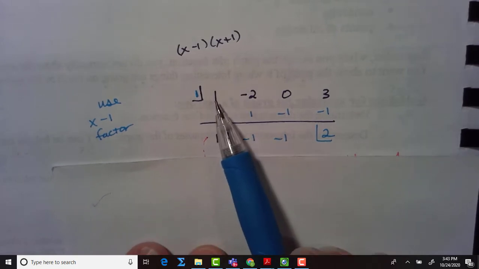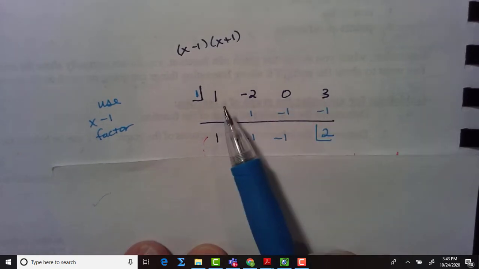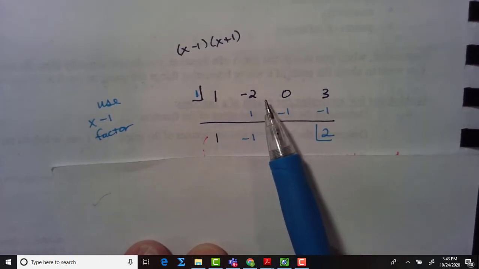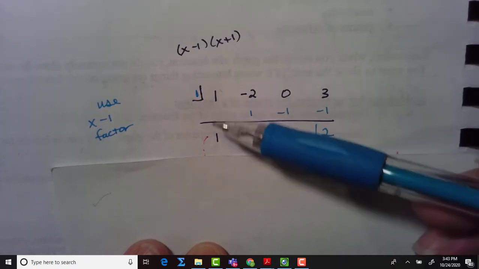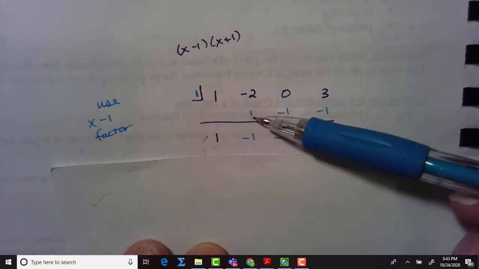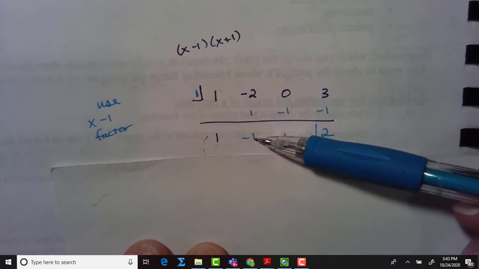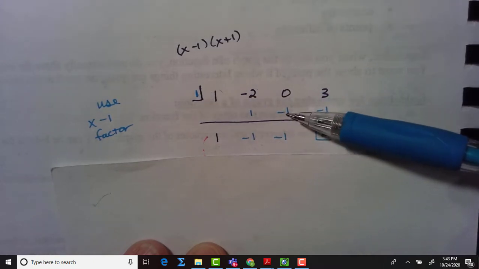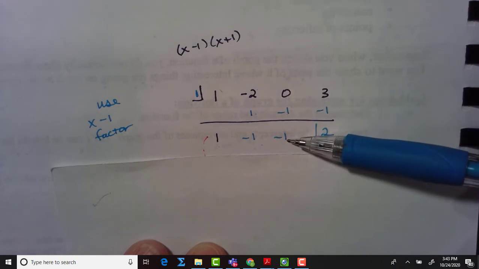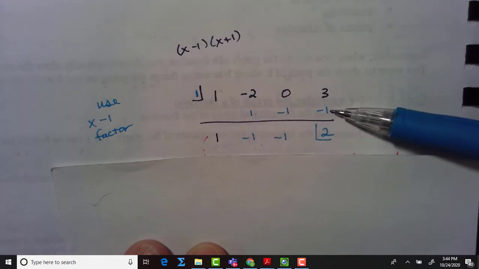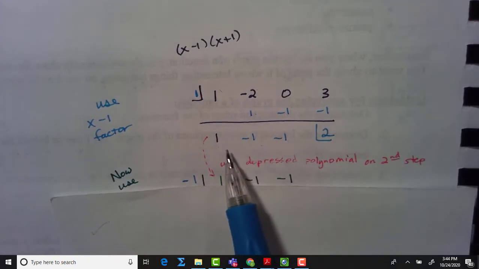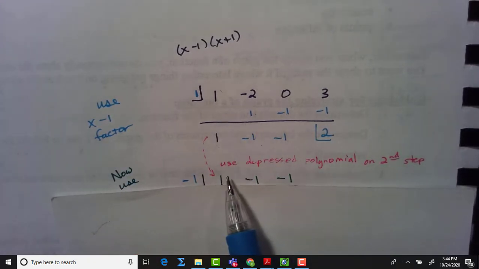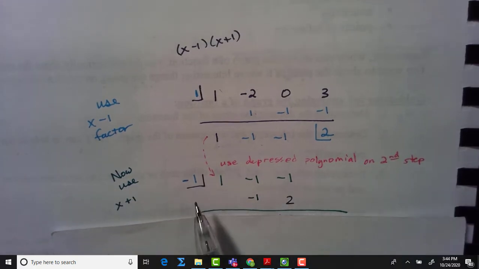Here are the coefficients of the original numerator, x cubed minus 2x squared plus 0x plus 3. Bring the 1 down. 1 times 1 is 1. Negative 2 plus 1 is negative 1. 1 times negative 1, negative 1. 0 plus negative 1, negative 1. 1 times negative 1, negative 1. 3 plus negative 1, 2. Now this is my depressed equation, and I have to use that for the next step.